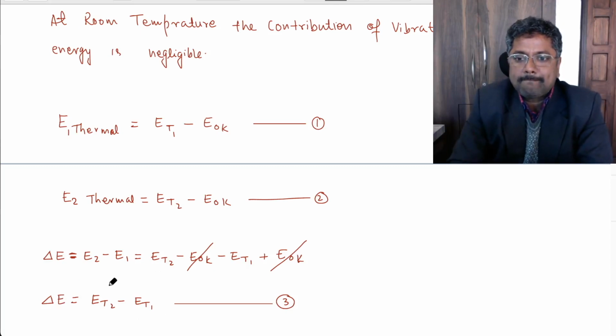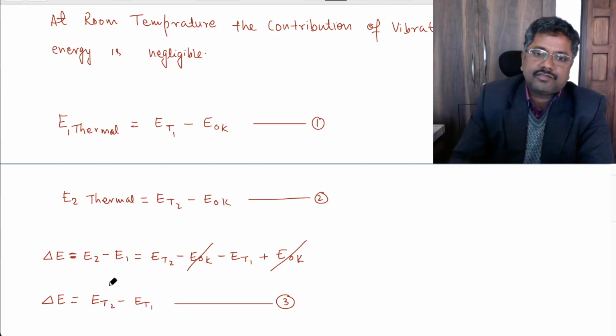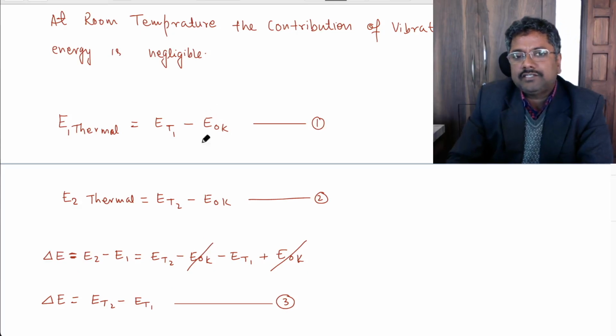Right? All of you are getting my point or not? So we always prefer to calculate the difference. Because if you take this value E at 0 Kelvin is 0, then you have the absolute value of internal energy, but it is not 0.